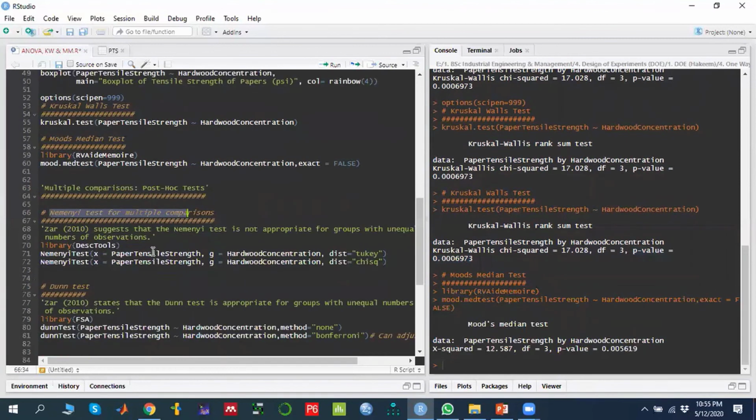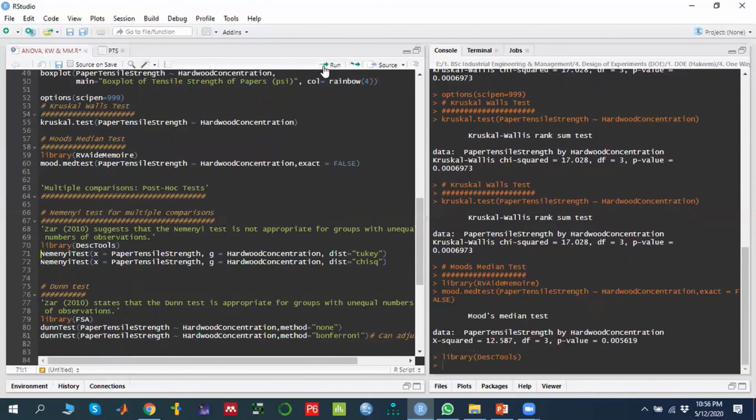The difference is that the Nemenyi test is more appropriate when your group sizes are not equal, but the Dunn test can be applied when the group sizes are equal. To apply the Nemenyi test, we need another package, which is DescTools.